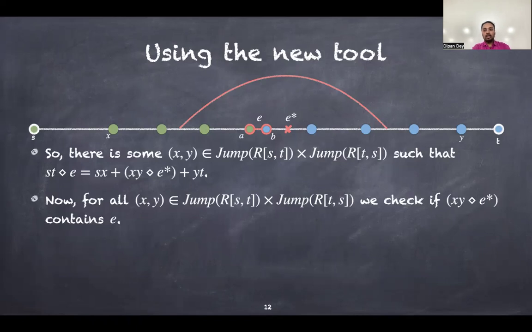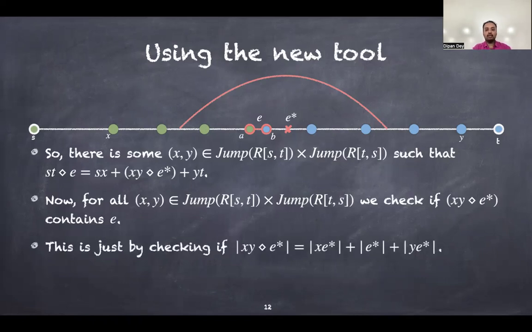So we can get xy avoiding E star from the maximizer itself, and then we can just check whether the xy avoiding E star distance is equal to the distance of x to E star, plus the weight of E star, plus the distance of y to E star. If we check this equality, then we can say whether E is lying on xy avoiding E star or not.